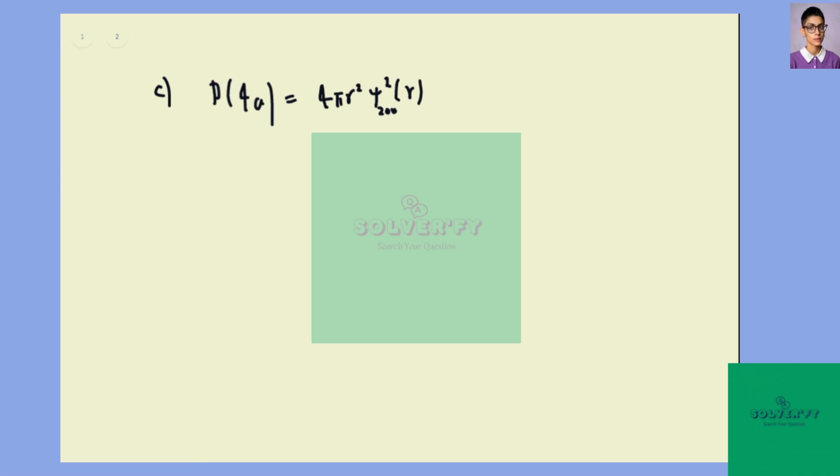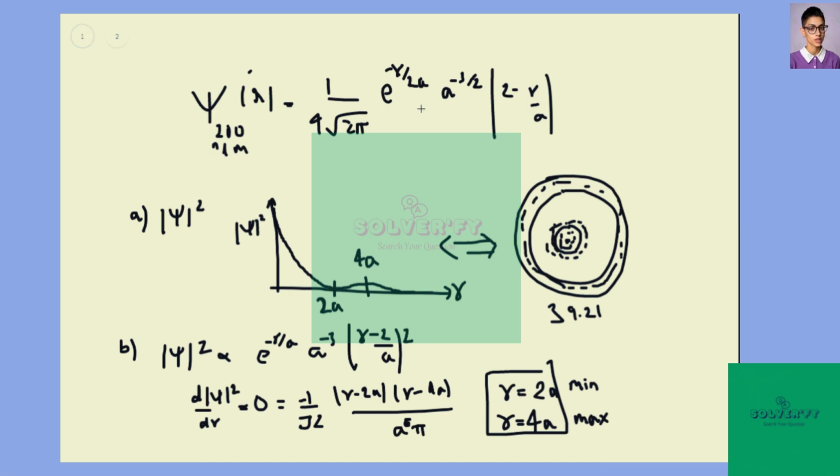The answer to this can be easily obtained. We square the function completely and then we multiply with 4 pi r square.